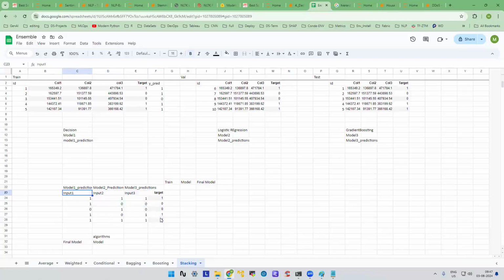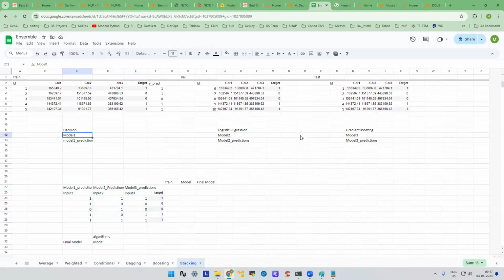In this case, there's nothing called models at this particular level. It's all data. And we can take any algorithm and feed this data and we're going to generate a model. That model is going to be the final model. We are feeding the model predictions as input.